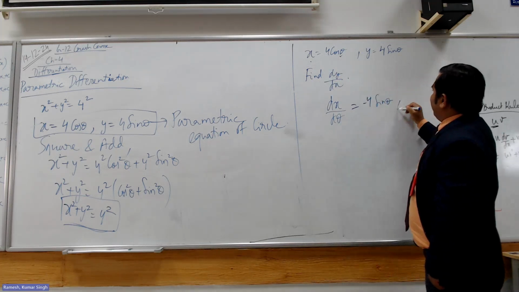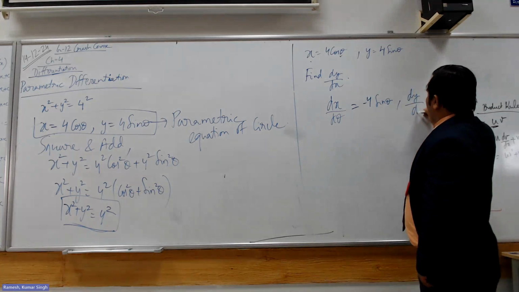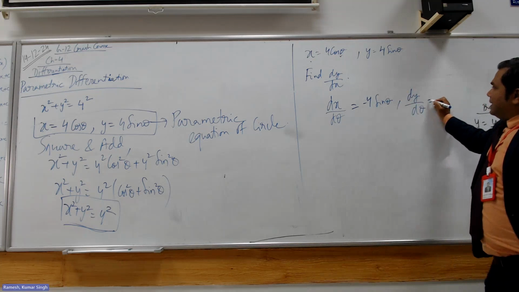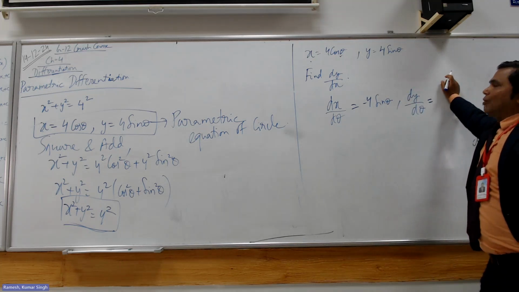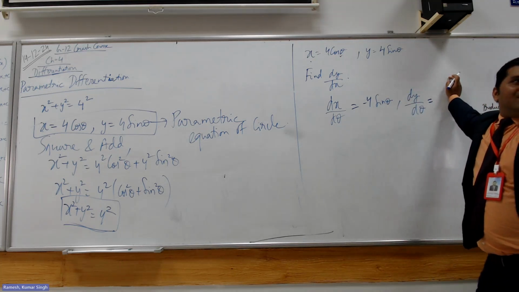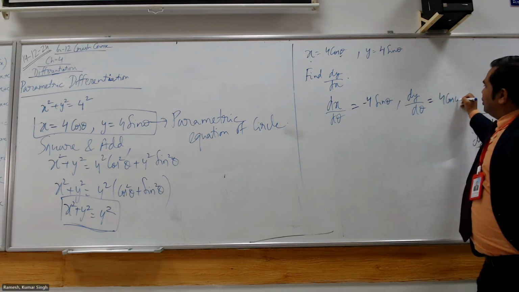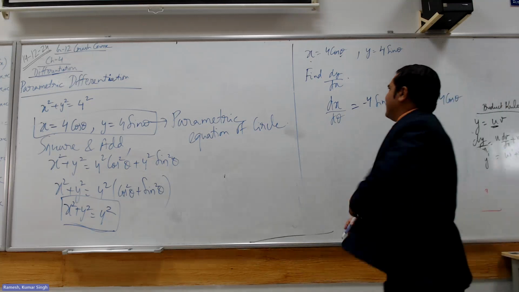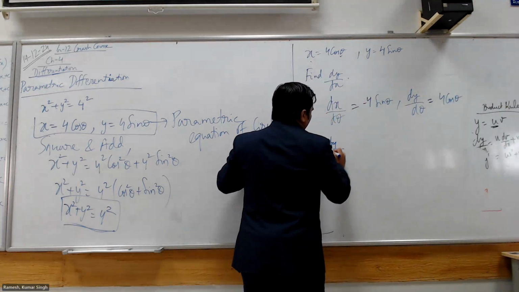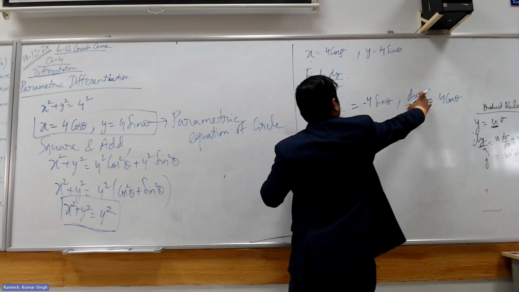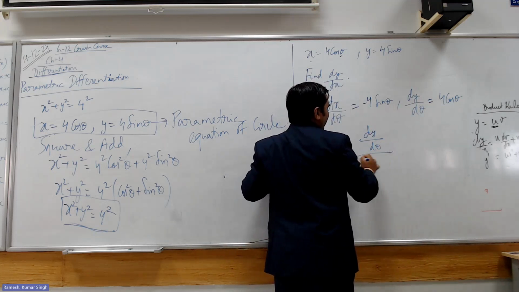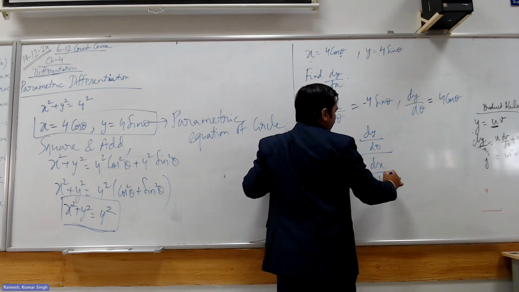Clear? Similarly, we can find dy over d theta, which is equal to 4 cos theta. So we got dx over d theta, dy over d theta. We want dy over dx. So isn't it simple math? If you divide this by this, isn't it dy over d theta divided by dx over d theta?